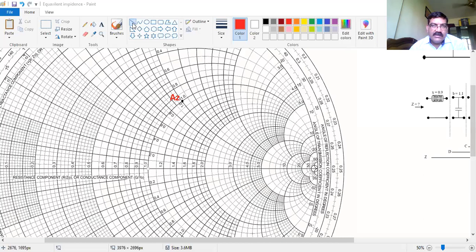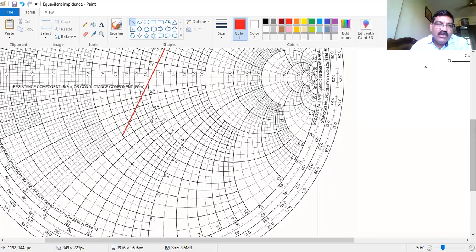I lost it. So here, draw a line. It will go this way. Whatever the point I get, if you do it by the rounder, you will get this point.